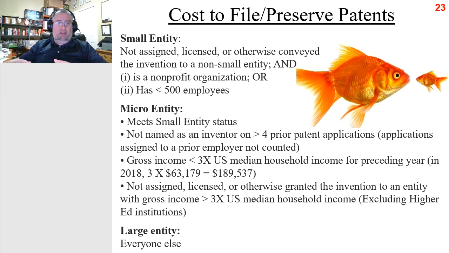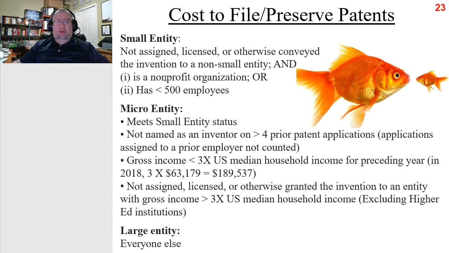The little company qualifies as small entity to get out of paying the big fees, and then immediately turns around and hands the patent back to the big company, right? So this small entity provision basically prevents large companies from doing that. So you can't have assigned or plan to assign the intellectual property and the patent to a non-small entity organization.